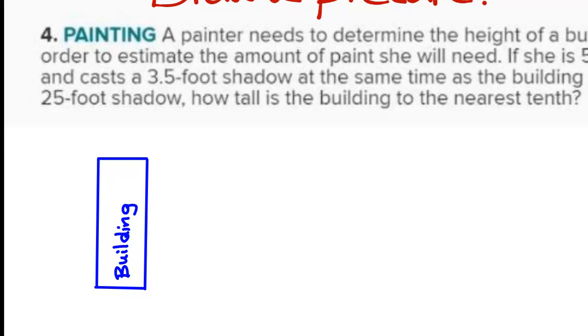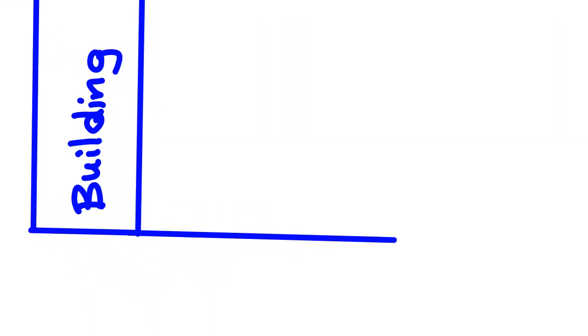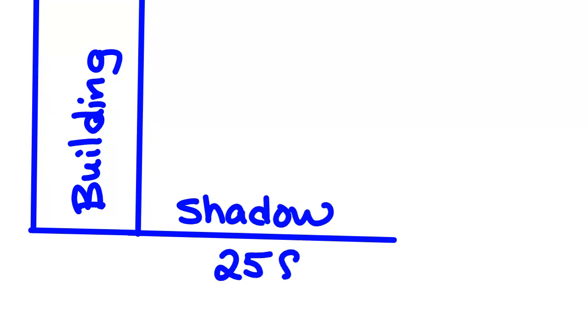Like if I was going to draw the shadow, add it to this picture, where should the shadow go? Next to it. Going which way? Vertically, horizontally, diagonally? Horizontally. Because it's going to be on the ground, right? And hopefully this building has been built on level ground. All right, so here's our shadow. We know that that is 25 feet.